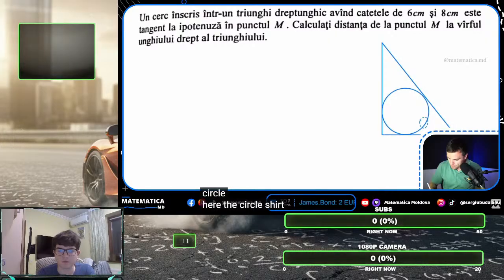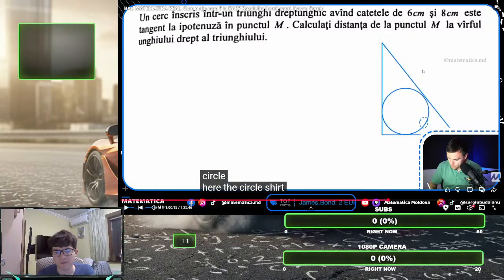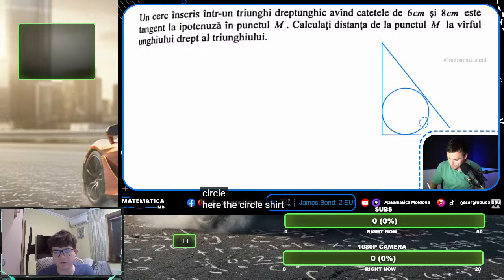Basically, there's a point M on this longer line, on the right of the circle, kind of.